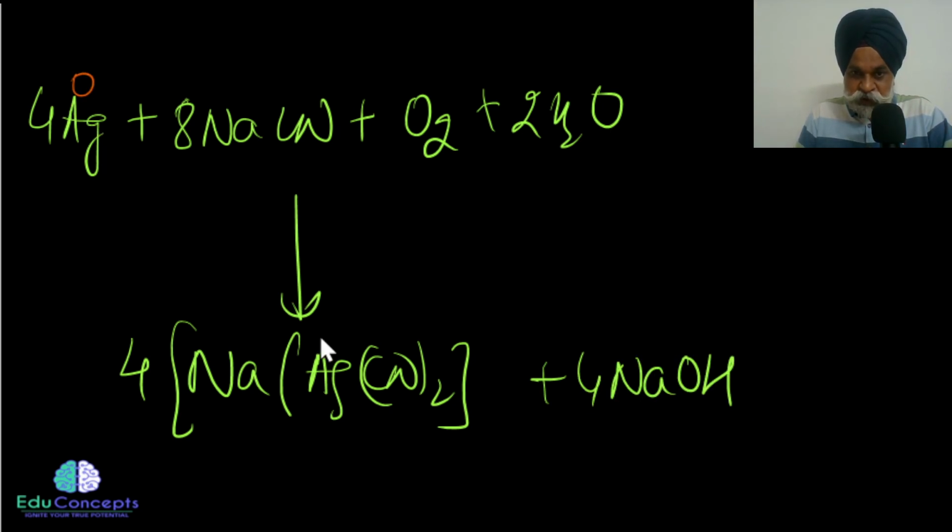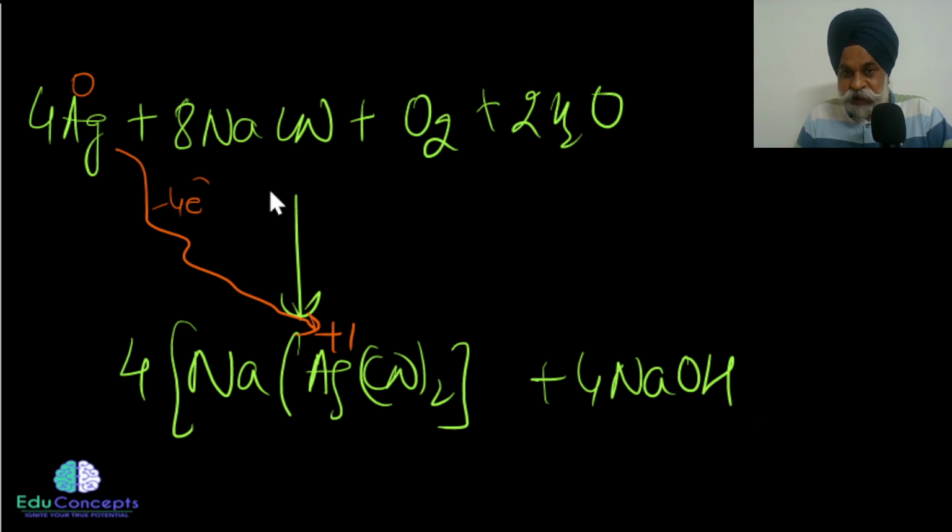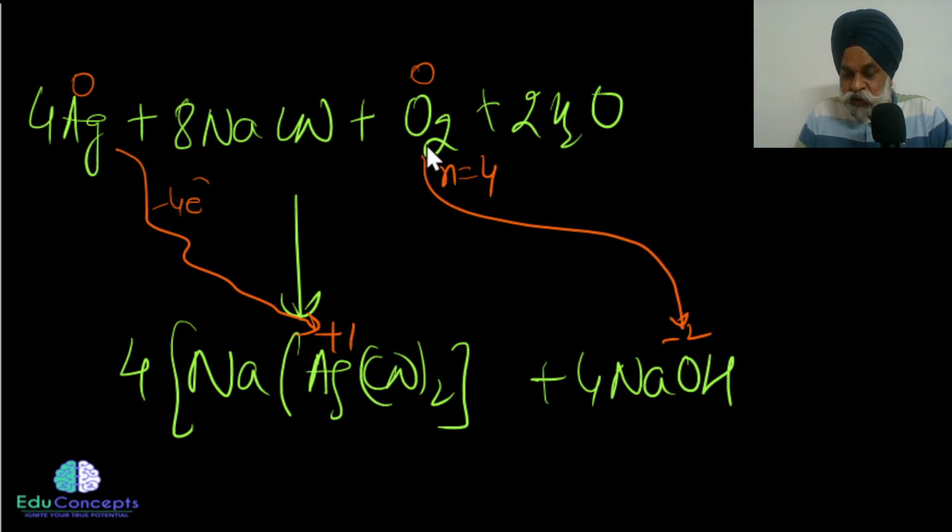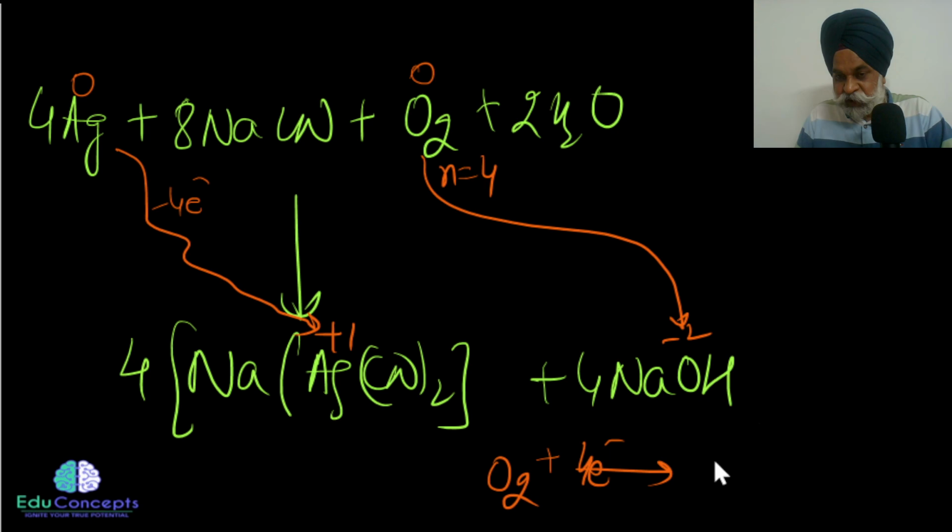Yes, silver goes from 0 to +1, so it is undergoing oxidation. 4 silver means it has lost 4 electrons, so somebody has gained those 4 electrons. Here oxygen goes from 0 to -2. So the n-factor here would be 4, because 1 mole of oxygen on gaining 4 moles of electrons changes to 2 O2 negative. So that is the point.